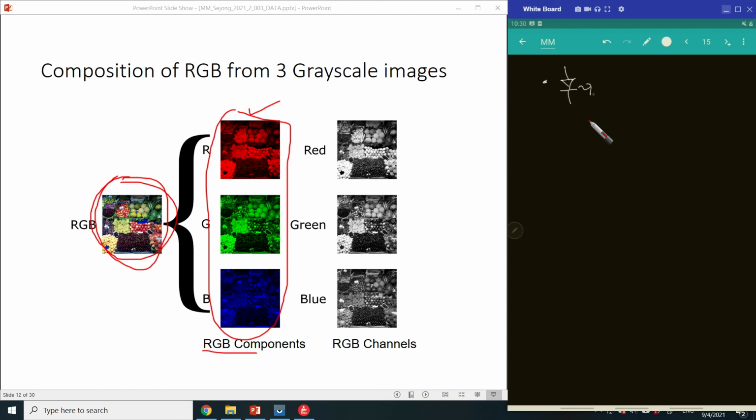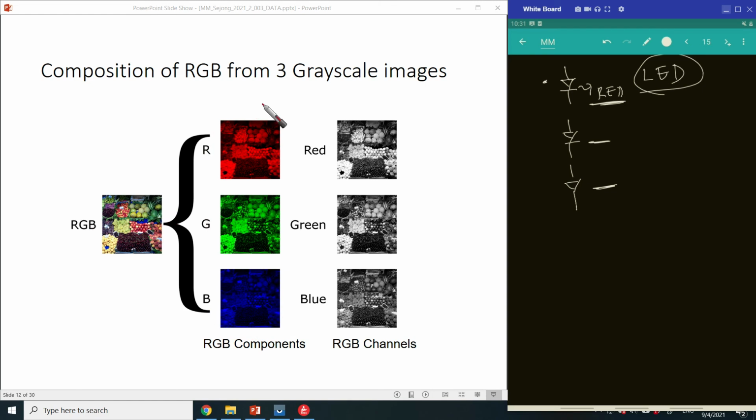One LED light may be red, and another LED light, and LED means light emitting diode, and then another light, and then another light. So in this way, how much red light glows, how much green light glows, how much blue light glows depends on the pixel information, and then you are producing the picture.